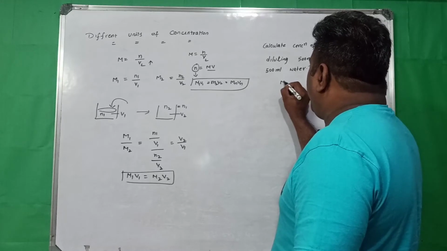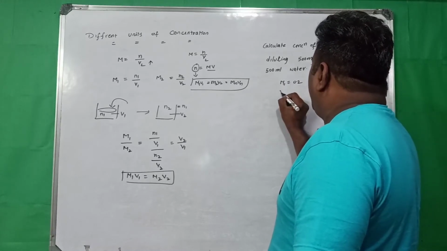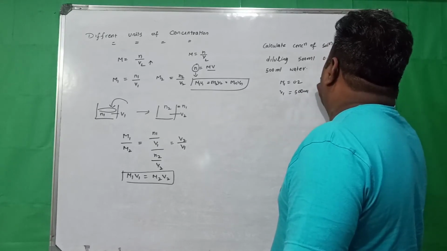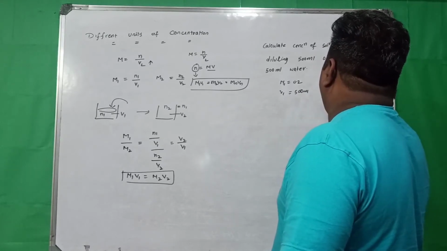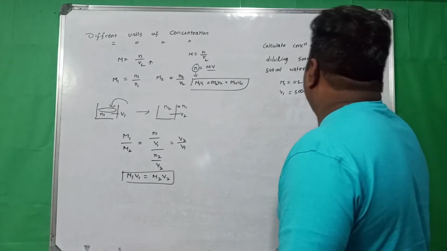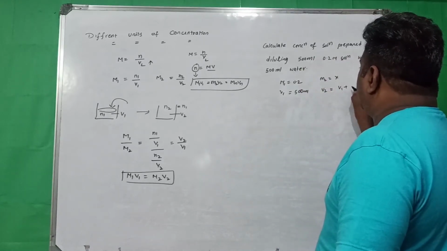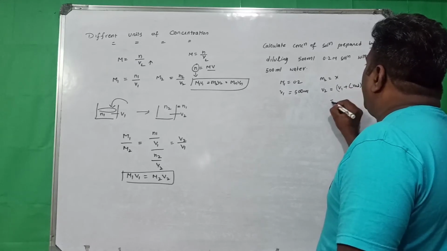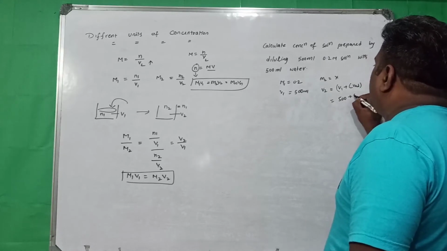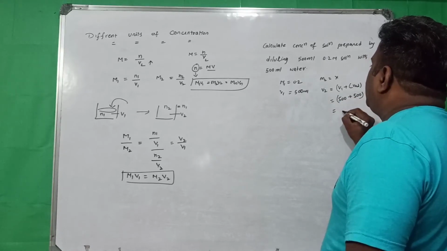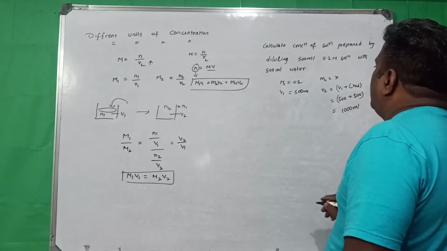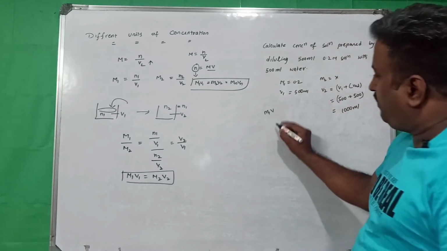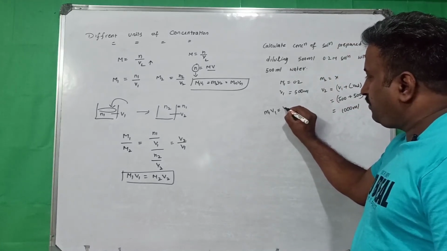So initial molarity M1 is equal to 0.2, V1 is equal to 500 ml, then M2 we don't know, X. V2 is initial volume V1 plus additional volume, initial volume 500, additional volume 500, total it is 1000 ml. Now M1 V1 is equal to M2 V2.